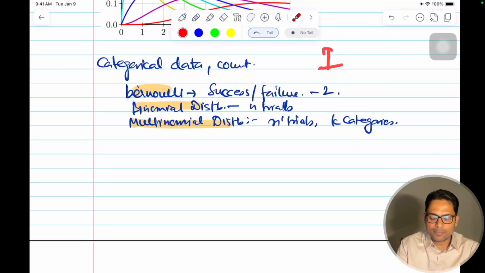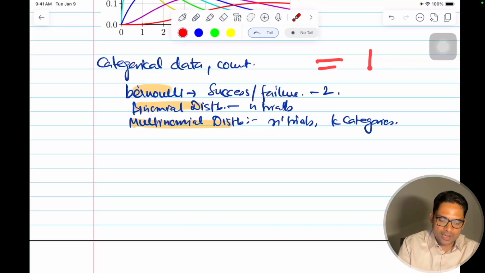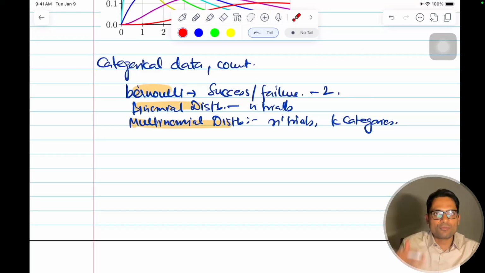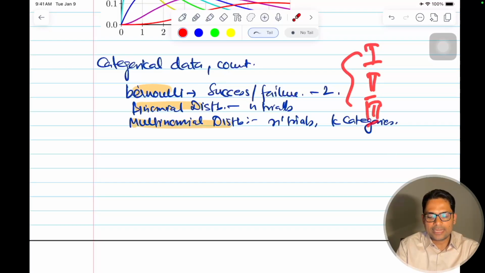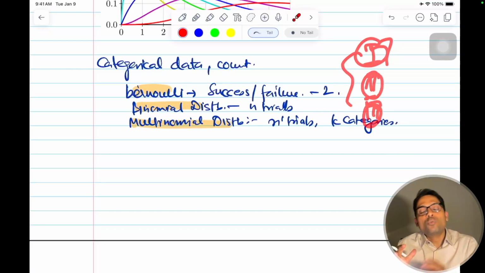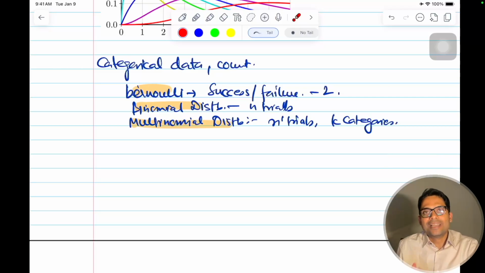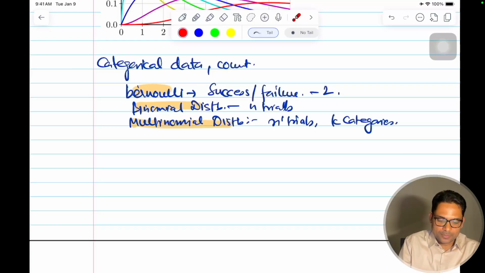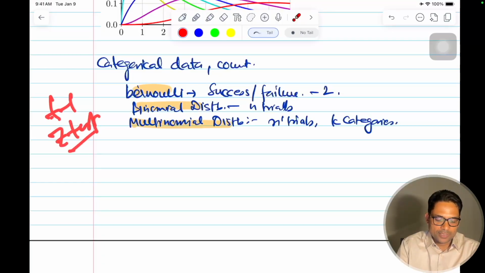But if I'm comparing some other feature, such as which category a dog belongs to, or the number of pets people have, I will have only the count of that particular category. That's where numerical analysis, a t-test or a z-test, won't be helpful, and this becomes categorical data.